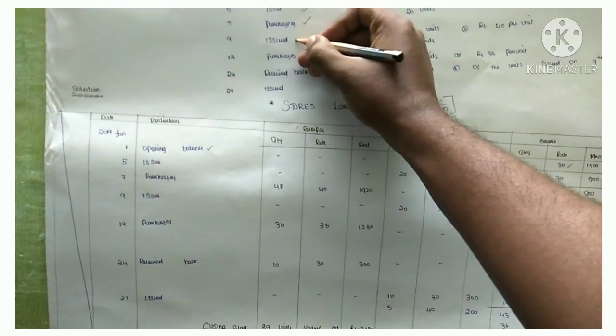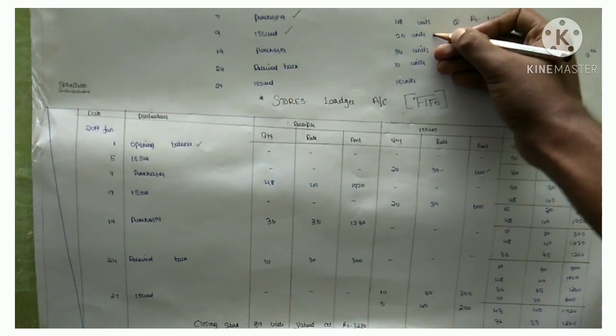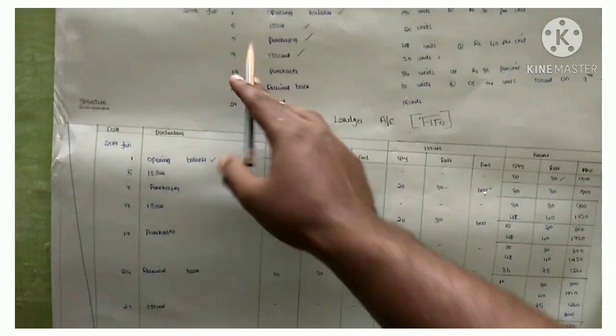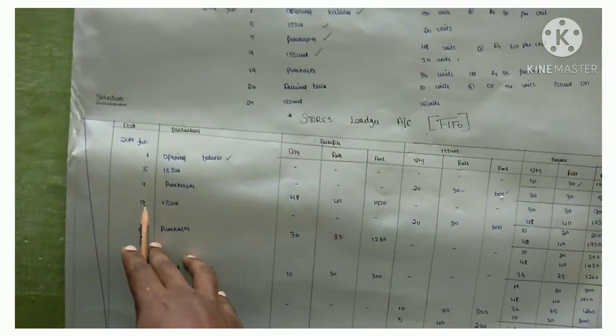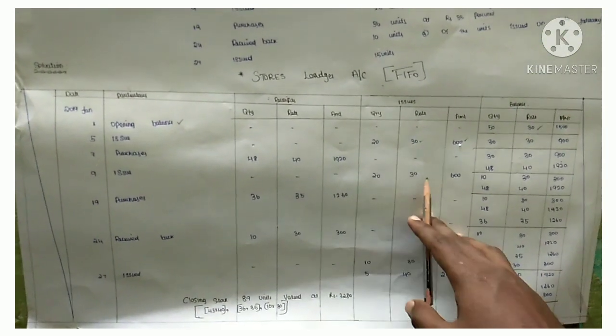The fourth entry is issue of 20 units on the date of Jan 9. Jan 9 issue 20 units at the rate of 30.